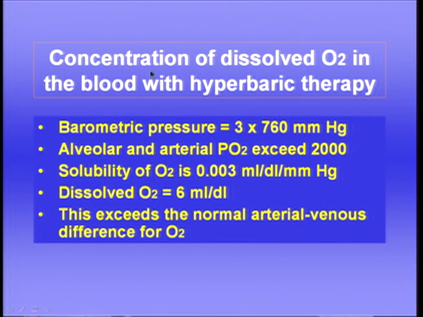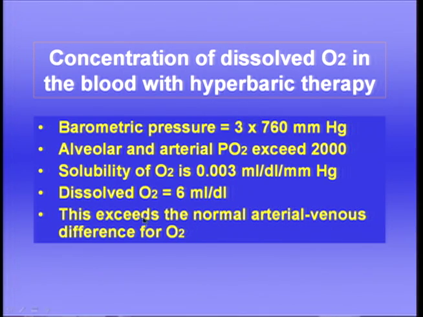Well, you recall that the solubility of oxygen is 0.003 mils of oxygen per deciliter per millimeter of mercury. And you can see then that if you increase the pressure to 2,000, the oxygen dissolved, not attached to hemoglobin, is 6 mils per deciliter. So it's an enormous concentration of oxygen just in solution.